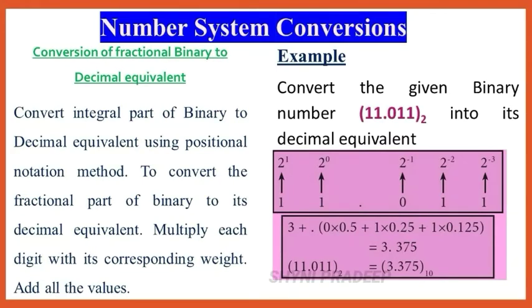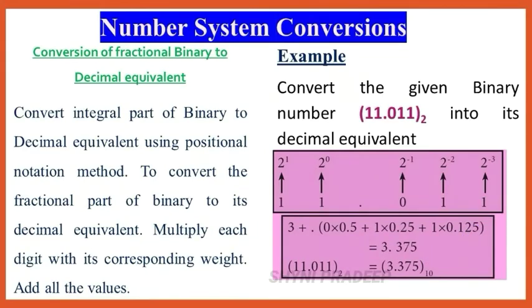So multiply those values with those bits. So you will get 0.375. In the integer part you will get the answer 3. In the fractional part you will get the answer 0.375. So the answer is 3.375. The base value is what? 10, because this is a decimal number.